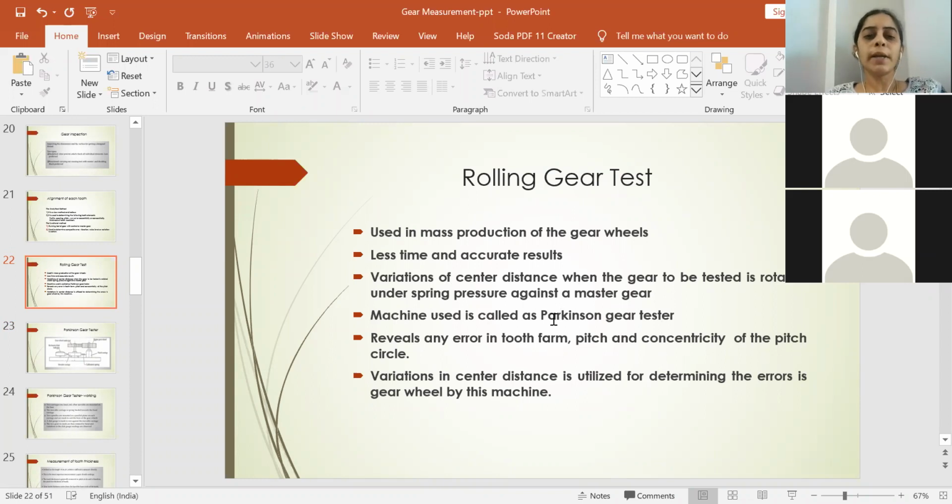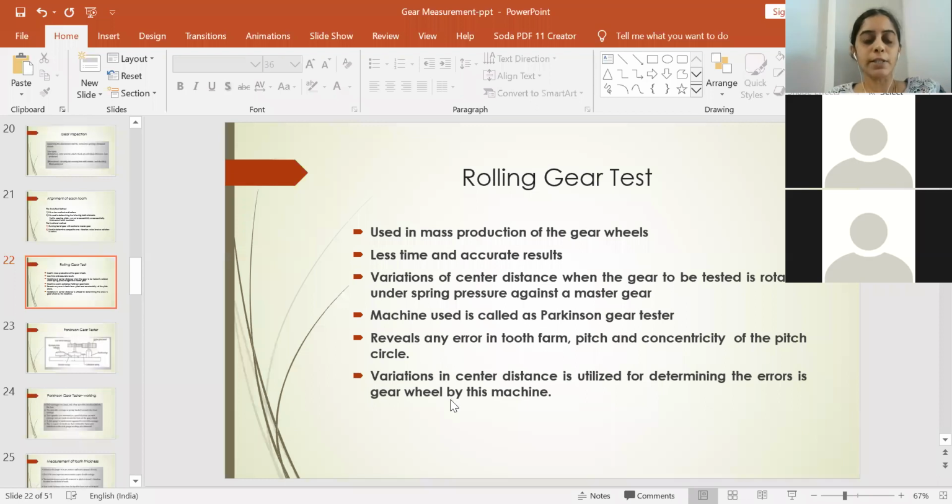When we operate and measure a gear against a master gear, it helps us know any error associated with the form of the tooth, the pitch value, and the concentricity of the pitch circle; all those things we can evaluate. Lastly, variations in center distance are utilized for determining errors in the gear wheel also.